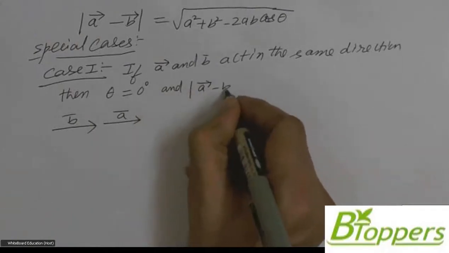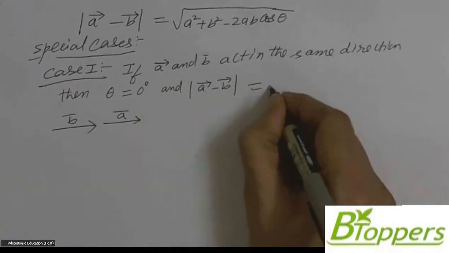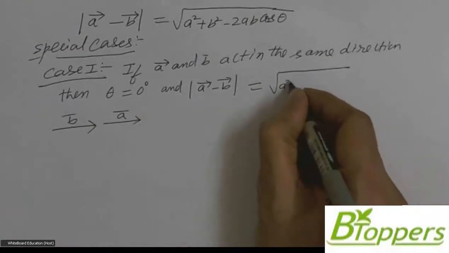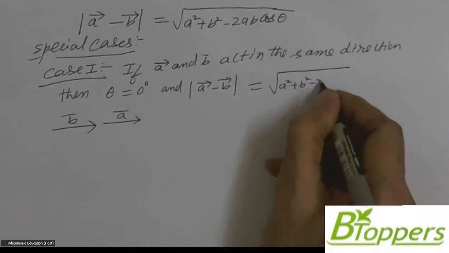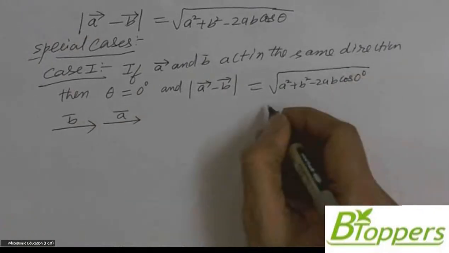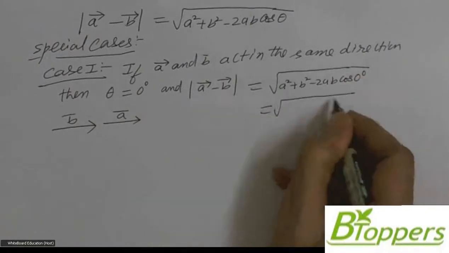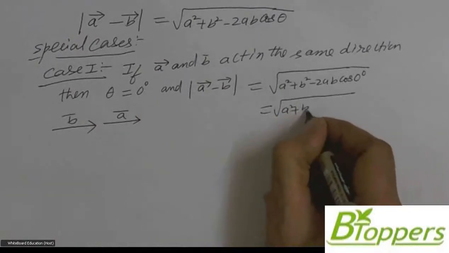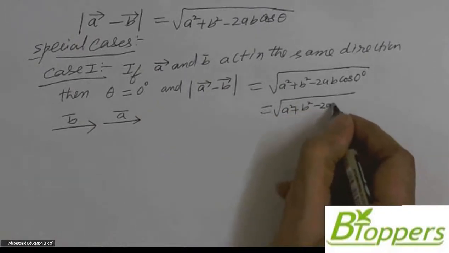Magnitude of a bar minus b bar is equal to the square root of a square plus b square minus 2ab cos 0 degrees, using the formula I have written above.